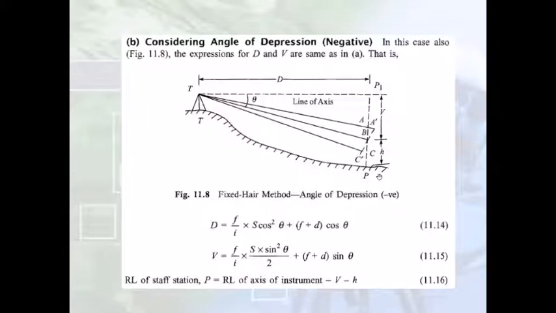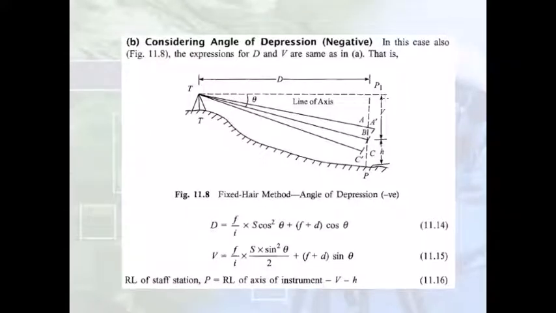Now what is left is to find out the reduced level of this point P. Again, we know the reduced level of the instrument, which is the height of the instrument. So again, from the benchmark, taking the backsight, you get the reduced level of this line. Now, in this case, the reduced level of the leveling staff station would be smaller than the reduced level of the height of the instrument.